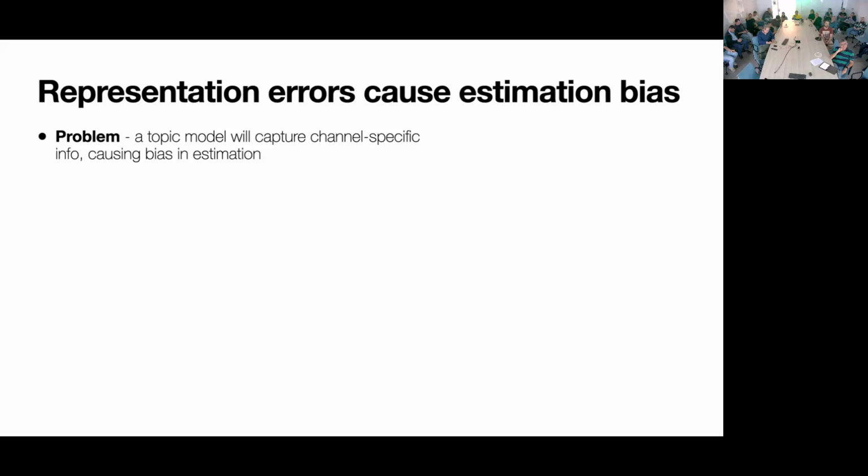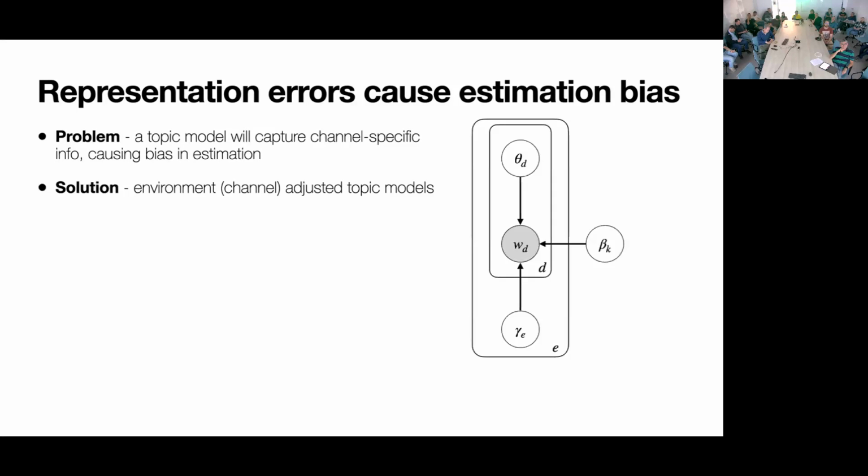In terms of statistics, the representation error will cause estimation bias. What we're trying to do to solve it is to introduce an environment, in the same way we thought about environments before, but now in a probabilistic Bayesian model, to get a separation between talking about immigration broadly and talking about immigration on Fox News.